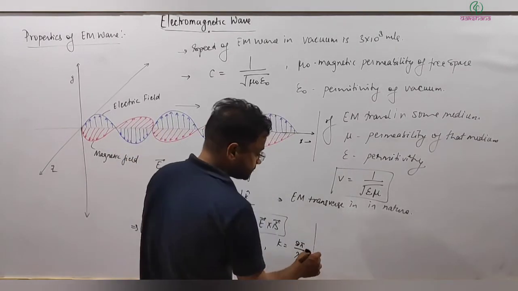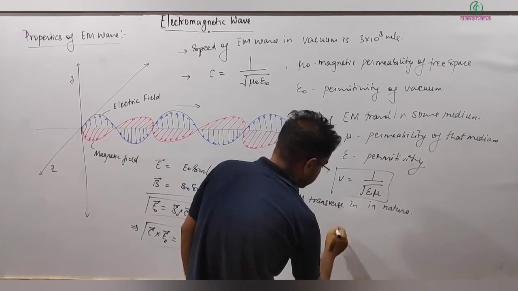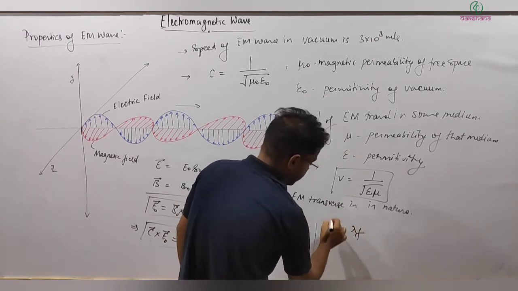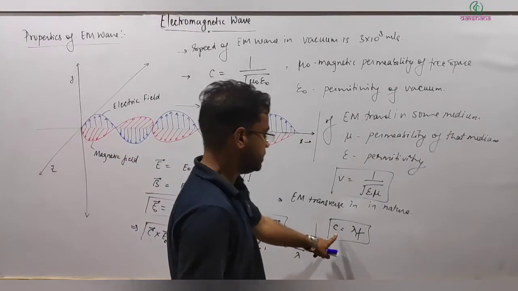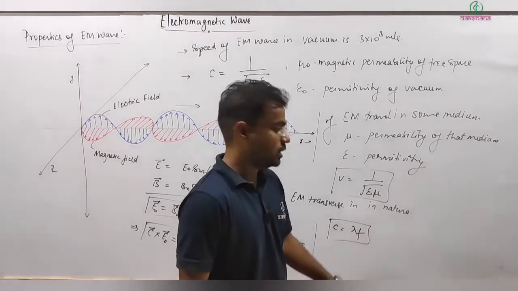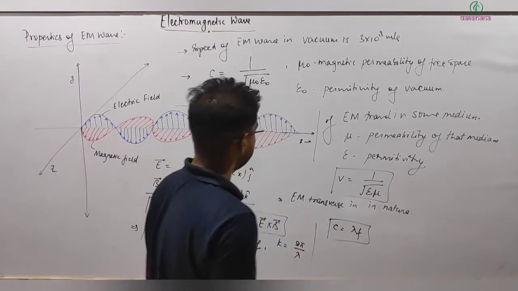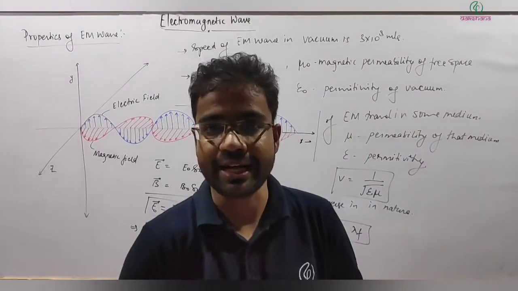And V, or C, is equal to lambda into f. This relation is normal that you have already studied. C is the speed of electromagnetic wave, lambda is the wavelength, and f is the frequency of that electromagnetic wave. Electromagnetic waves carry some energy, right?